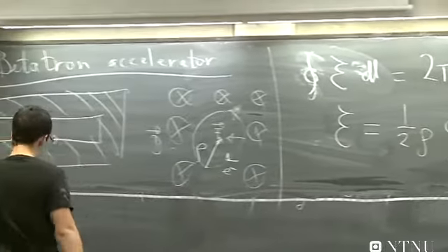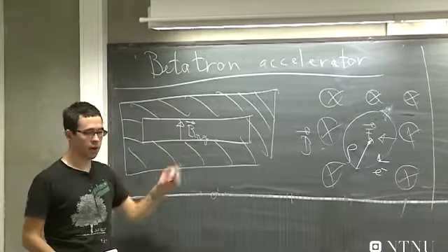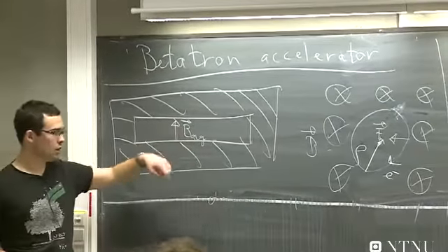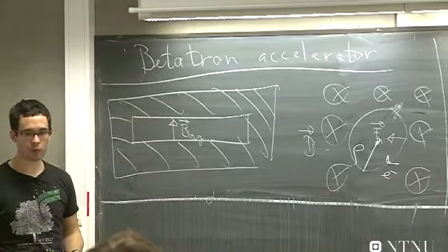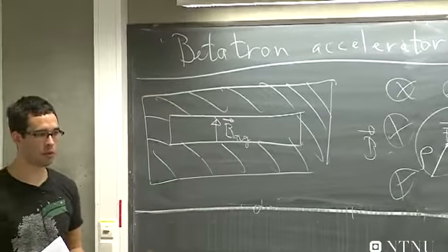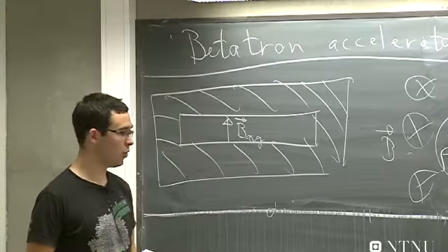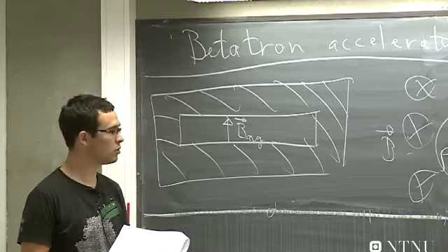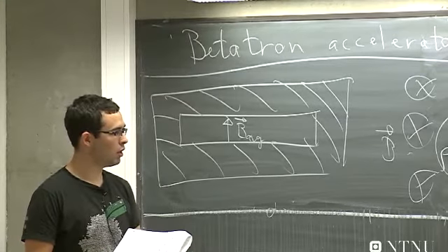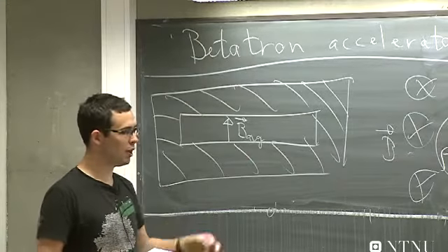So what happens is I get some electrostatic accelerator to give the electron some initial speed, and I inject it into the accelerator. This you can do with, let's say, a van de Graaff accelerator. This is actually a technique used today to get the electron starting. And then I have a magnetic field and I start ramping it.